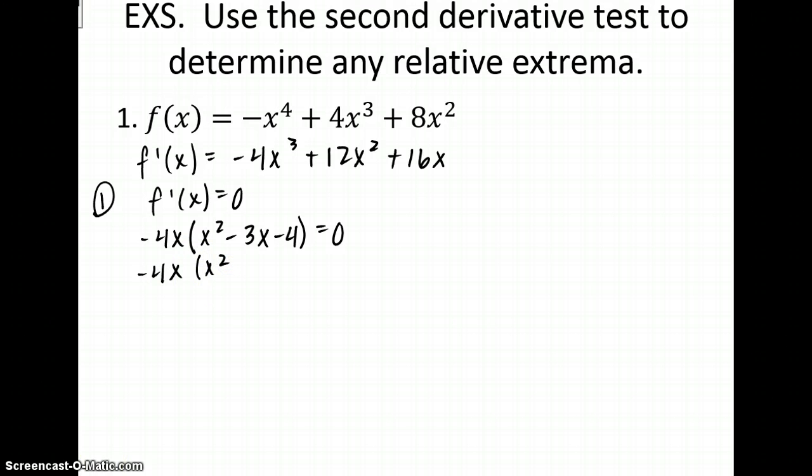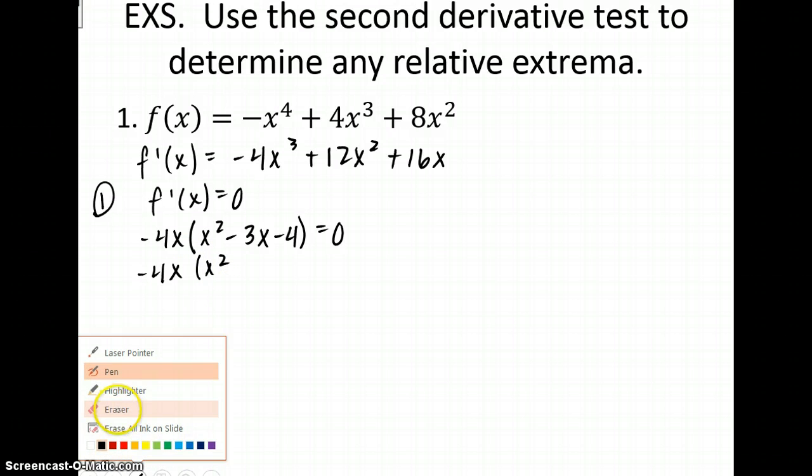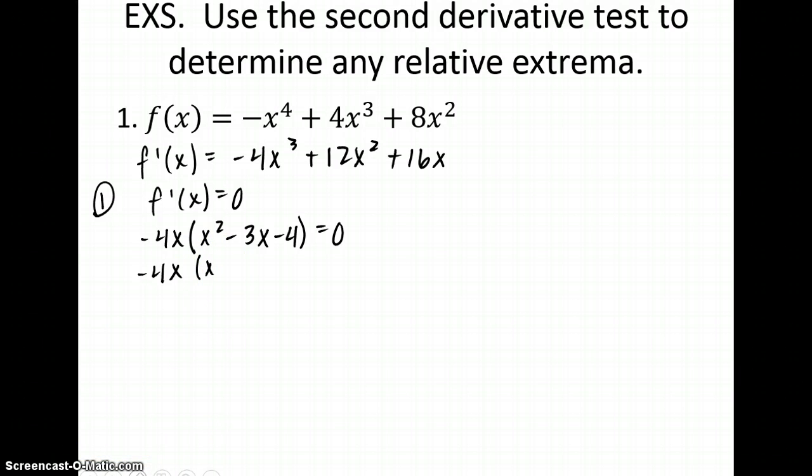Factoring this, x minus 4, x plus 1. So we get 3 values where the derivative equals 0.